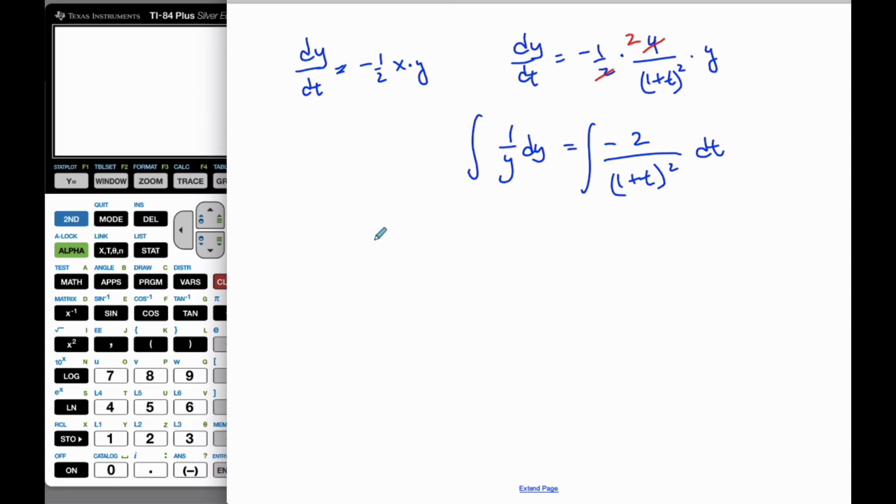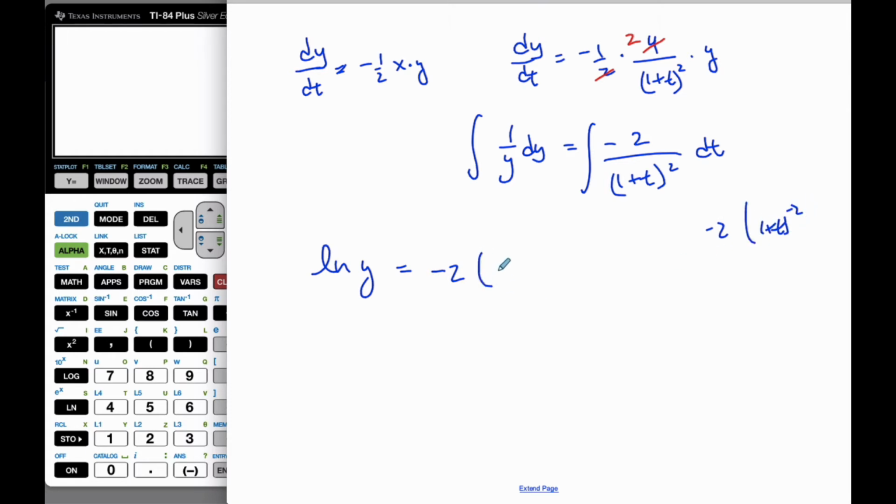This particular side here is going to be the natural logarithm of y. And that is going to equal, I'm going to take out my constant. I know that this is the same as, it's a negative exponent, so it's also the same as negative 2, which I've taken out, times (1 plus t) to the negative 2.